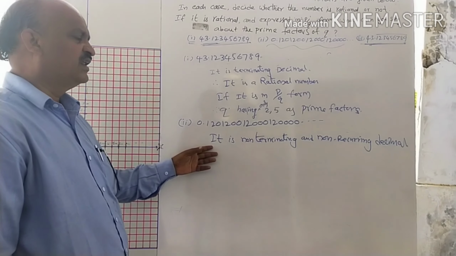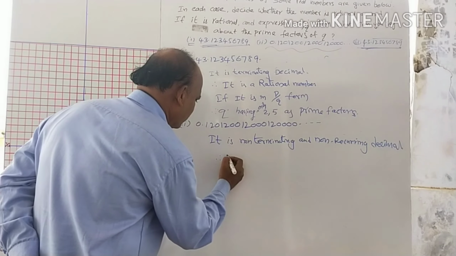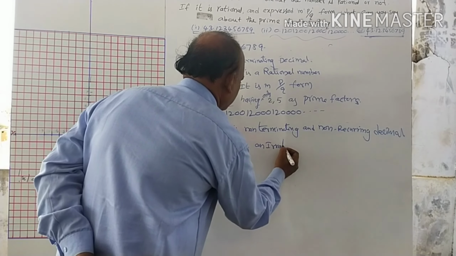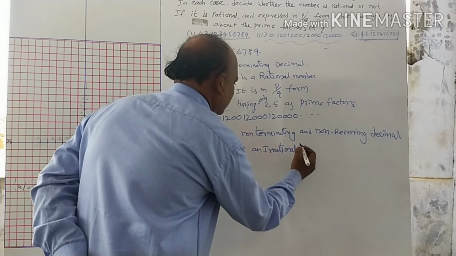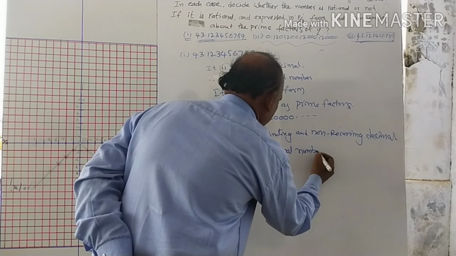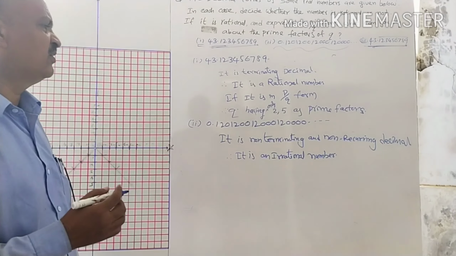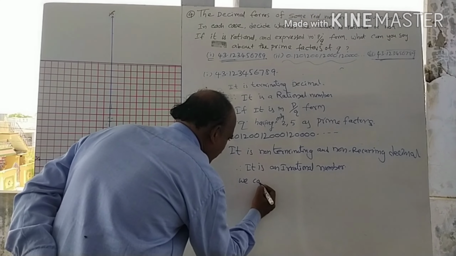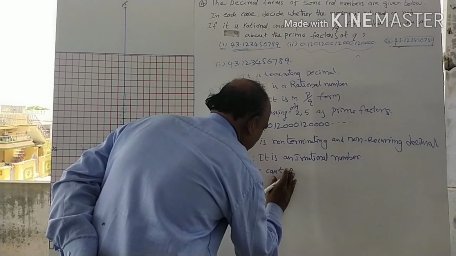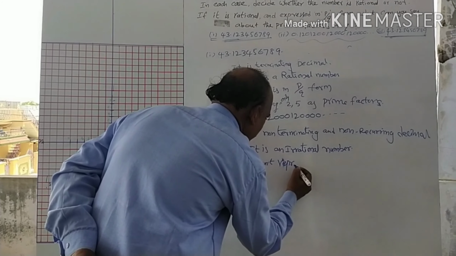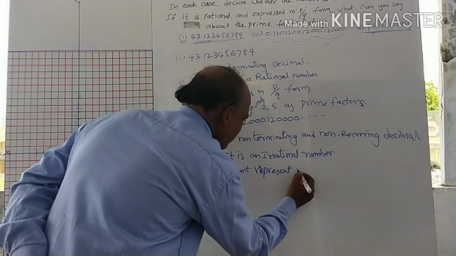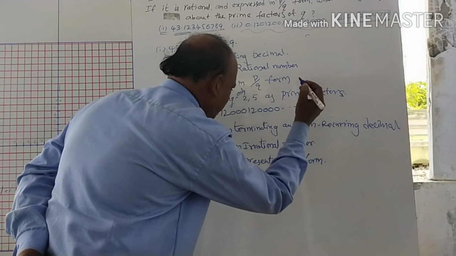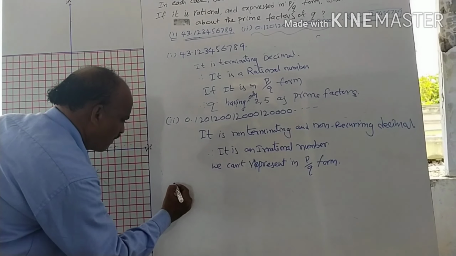So it is an irrational number. Therefore, we cannot represent it in p by q form.